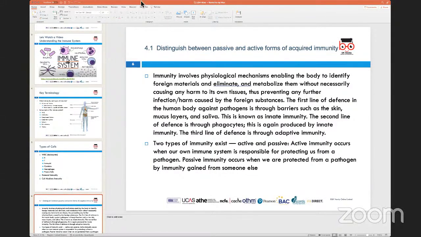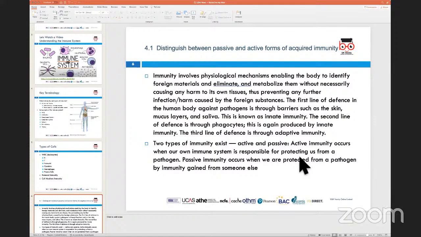Now, when we go into the details of acquired immunity, we would differentiate it into two different types: active and passive immunity. Active immunity is the type of immunity which occurs when your immune system is exposed to the pathogen, either entering through a physical barrier or, for example, through vaccination.